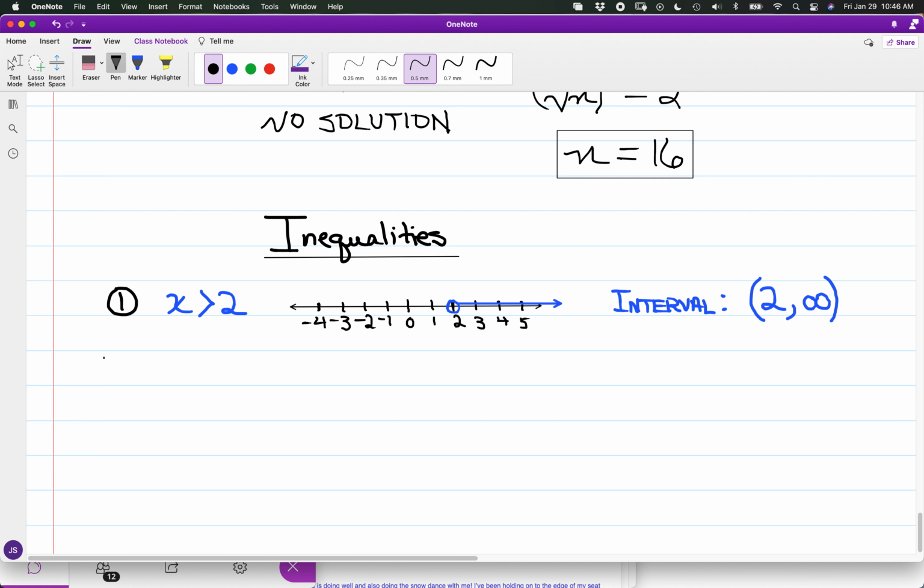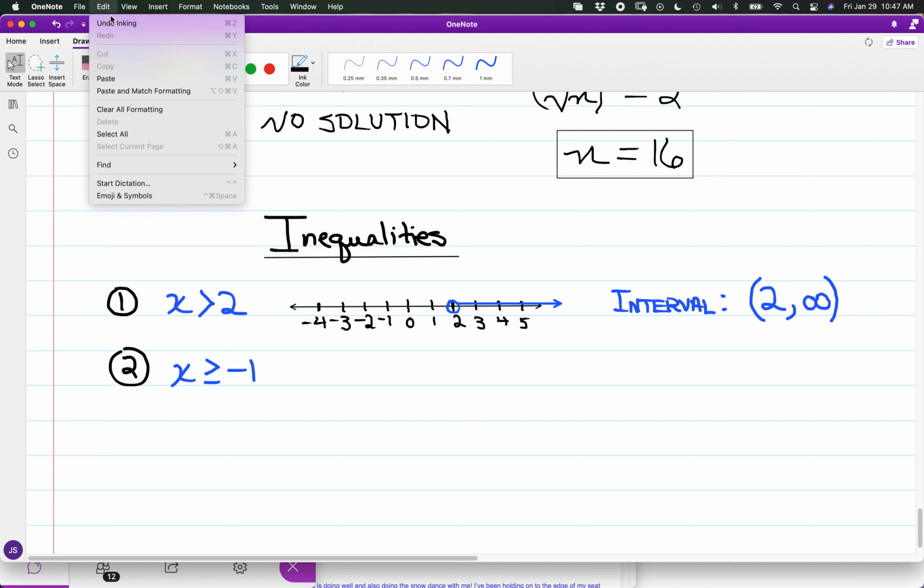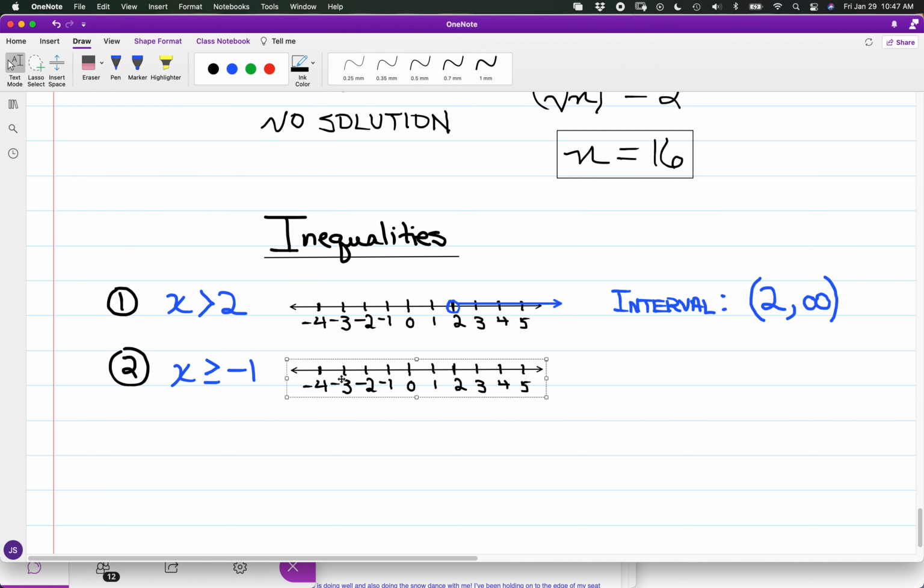And if we have, let's say, another inequality, that x is greater than or equal to -1. So for this number line, we have x is greater than or equal to -1.